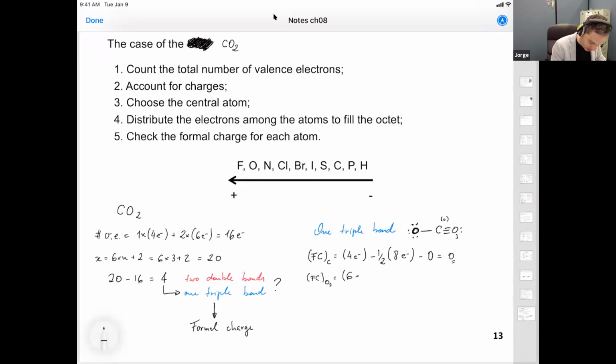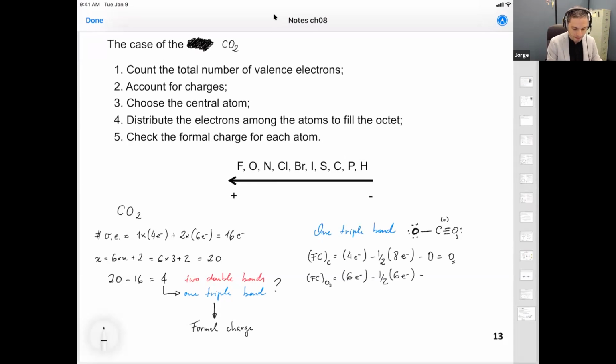Number of valence electrons for the oxygen is 6, minus half of the bonding electrons. Each trace counts as 2 electrons. We have 3 traces connecting carbon to oxygen, therefore 6 electrons, minus the number of non-bonding electrons for oxygen number 1, right here, which is 2 electrons.